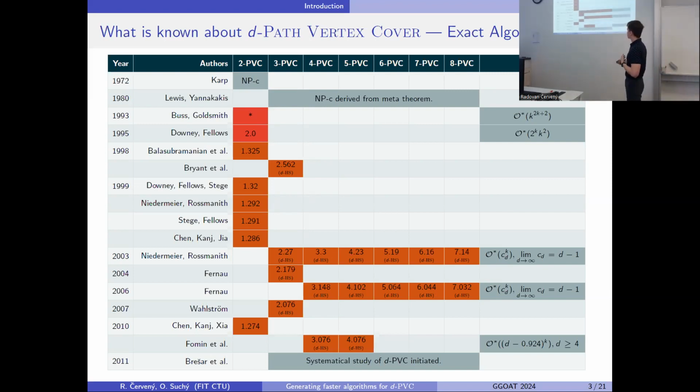What I wanted to say is that so far, it is not known if d-path vertex cover can be solved in something less than d to the k in general.